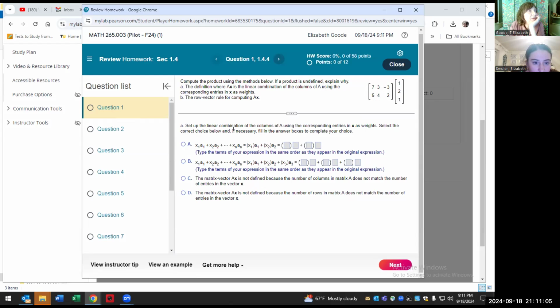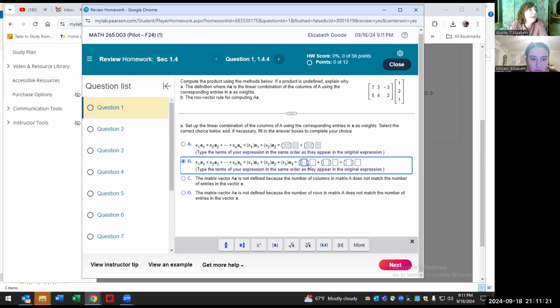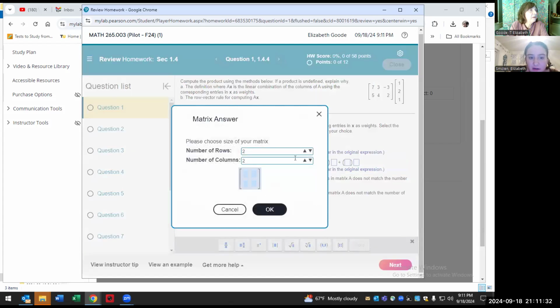But there's three columns, right? There are three columns and three weights. So we know it's going to be b, where we put the weight here, like 1 times the column that's 7, 5.